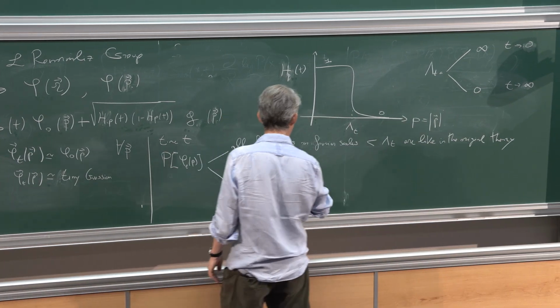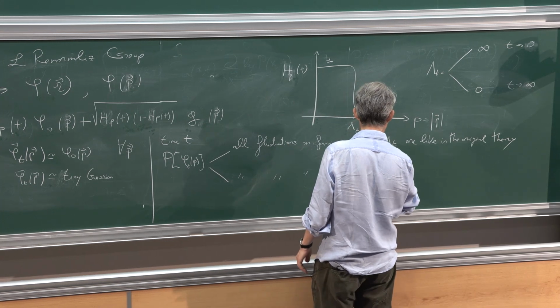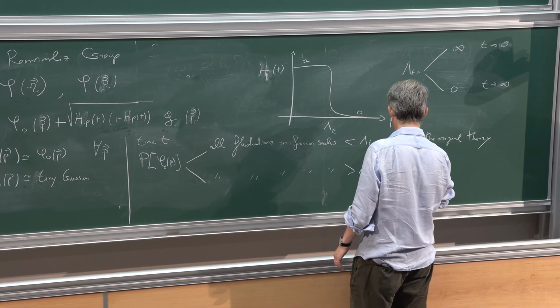And then all fluctuations on Fourier scales which are larger than lambda t are 0, or almost 0.